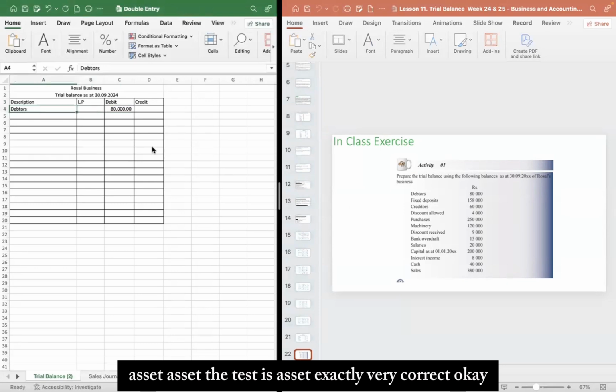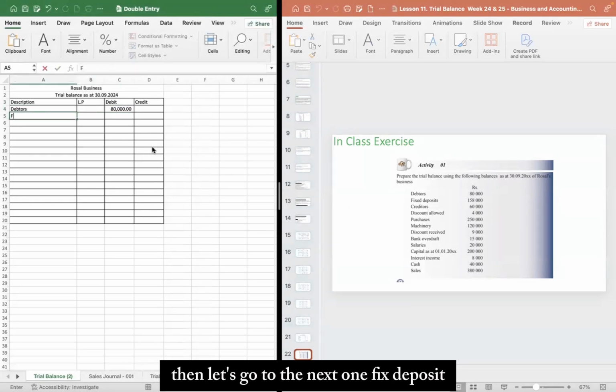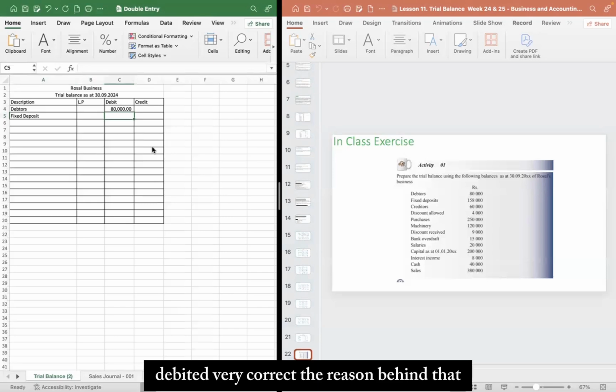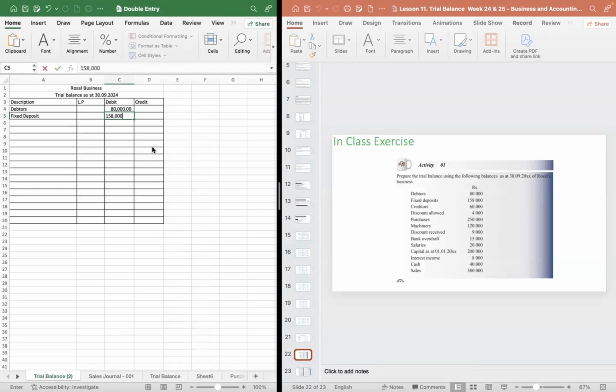Exactly, very correct. Then let's go to the next one. Fixed deposit. Should it be debited or credited? Debited, very correct. The reason behind that is because it's an asset. Great.